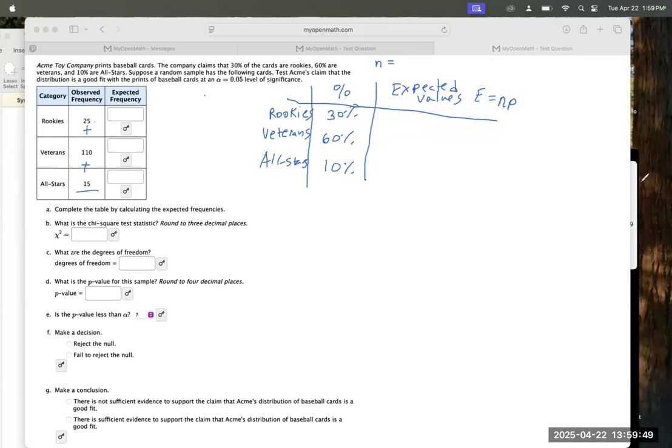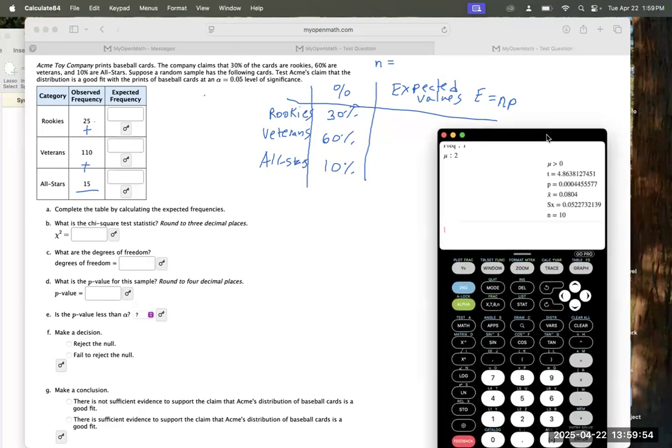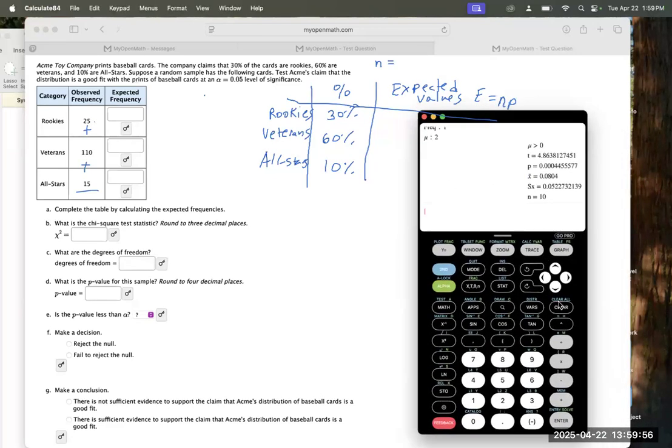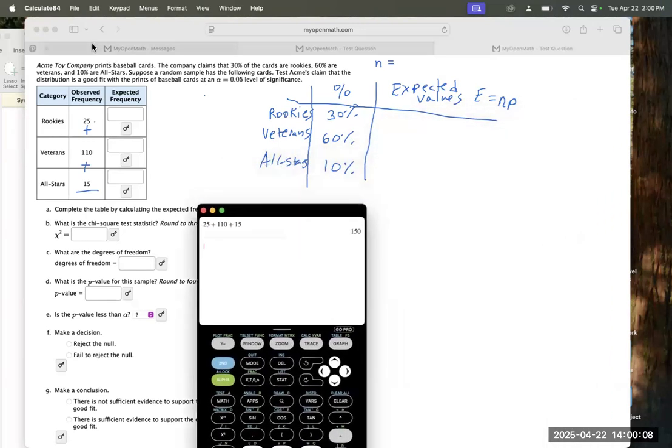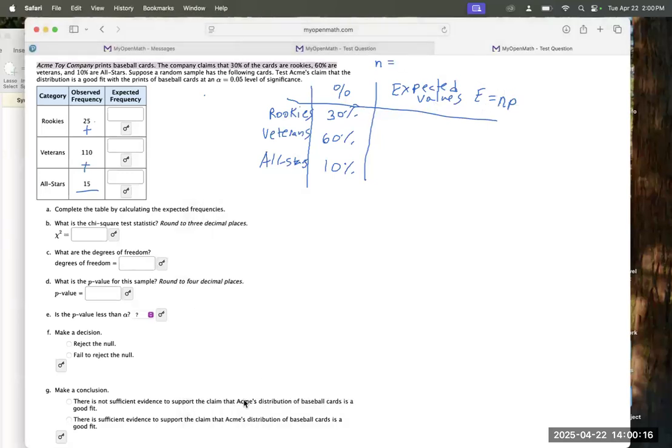So quickly, I have to add that together. 25 plus 110 plus 15 equals 150. So our N here is 150. So all we have to do is multiply the percent down.